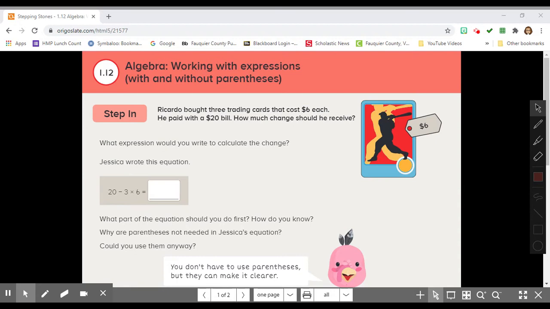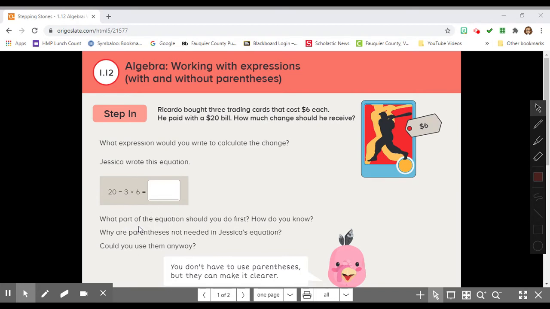So Jessica wrote this equation: 20 minus 3 times 6. That's the expression she created.